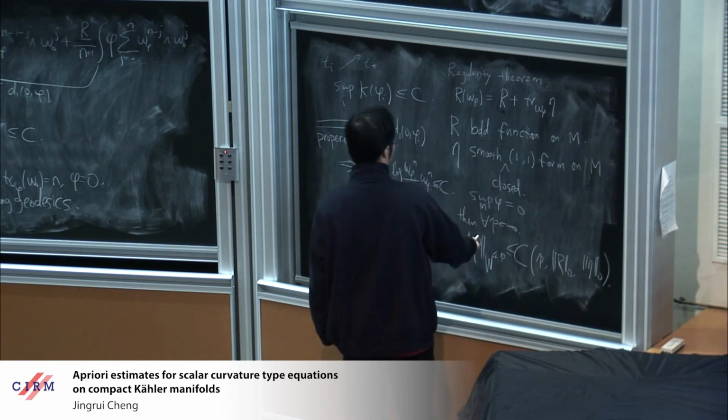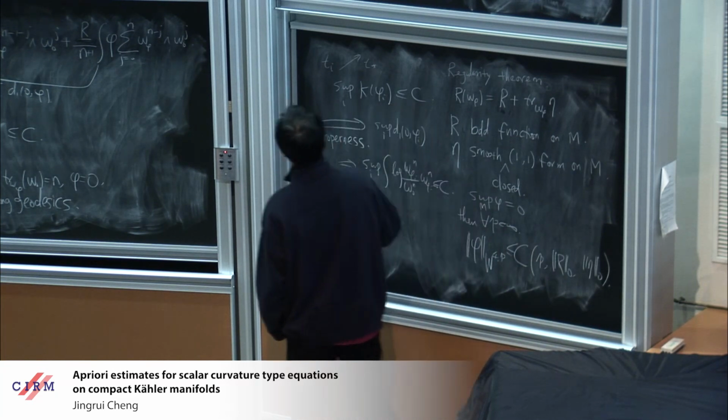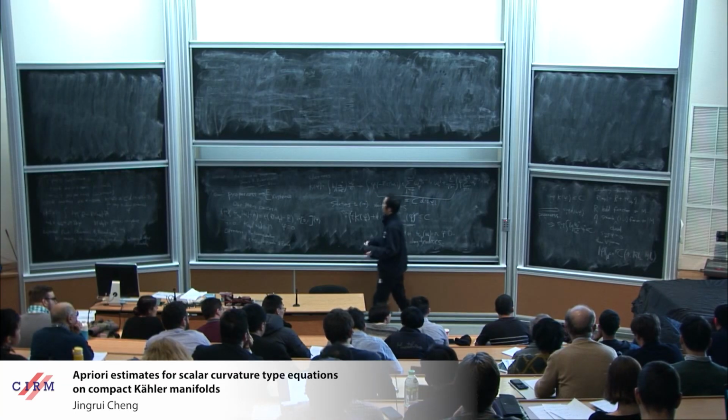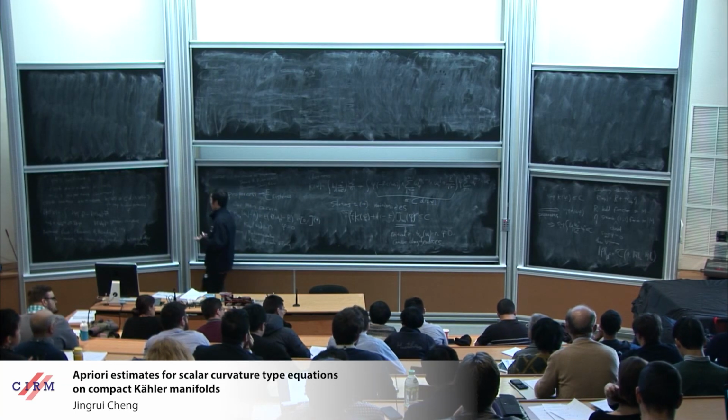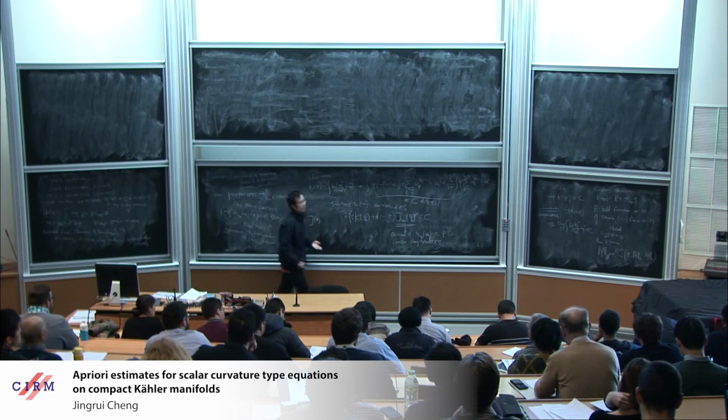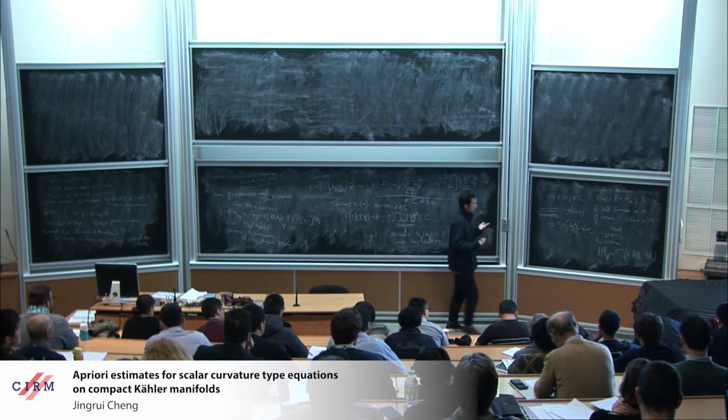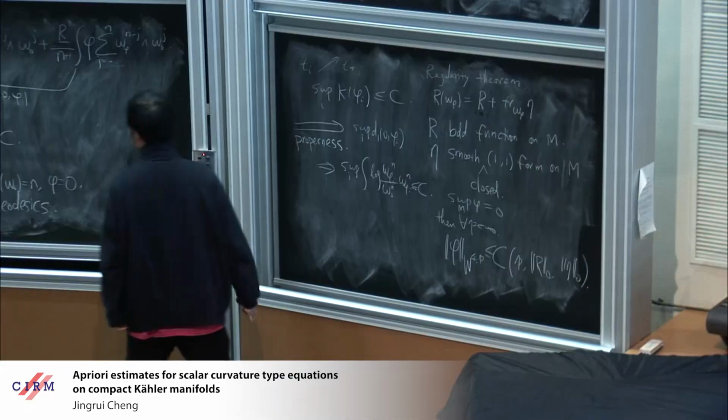So once you have this W^{4,p} bound, you can use the standard elliptic estimates to get higher derivative bounds, and that gives you the closeness you want.